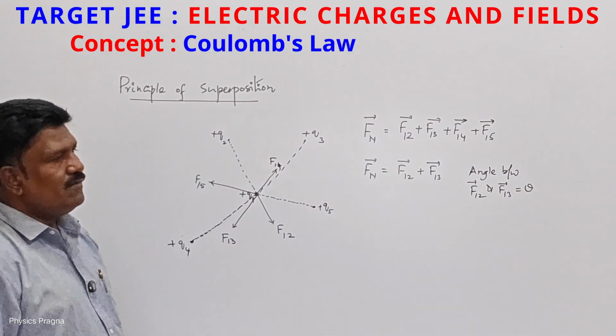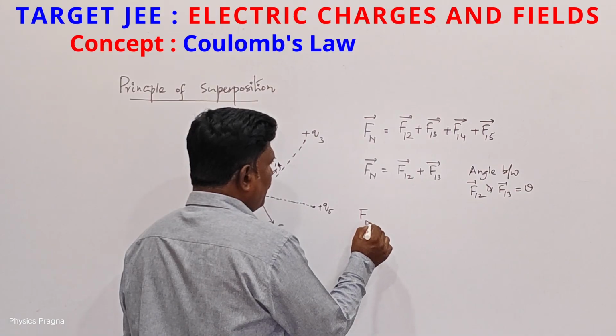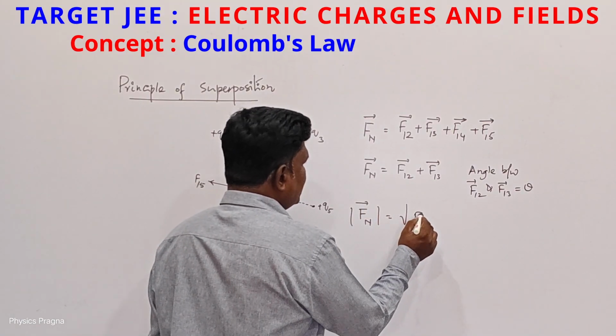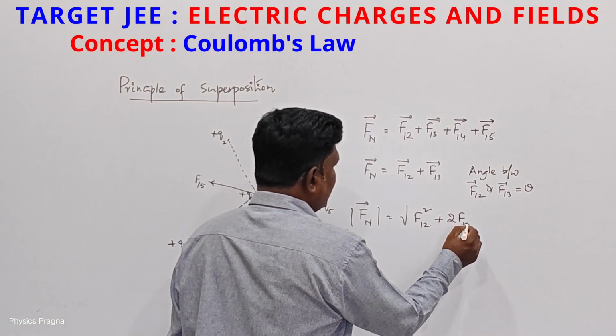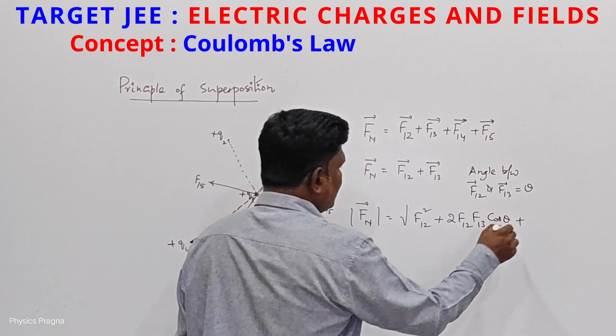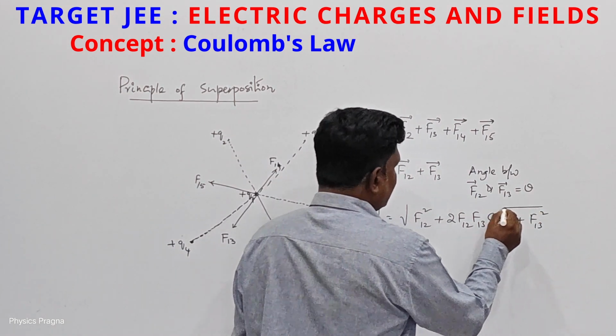Then the net resultant force magnitude is equal to, we know it, the square root of F12 square plus 2 F12 F13 cos theta plus F13 square.